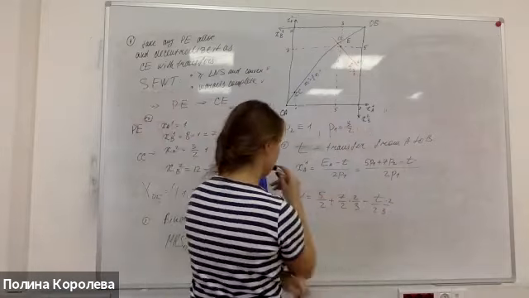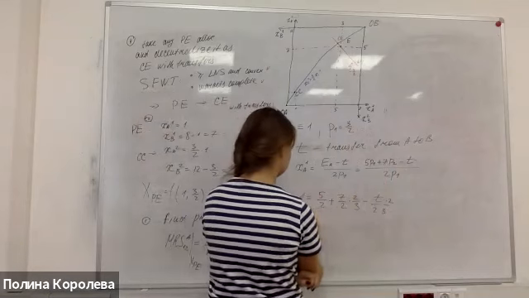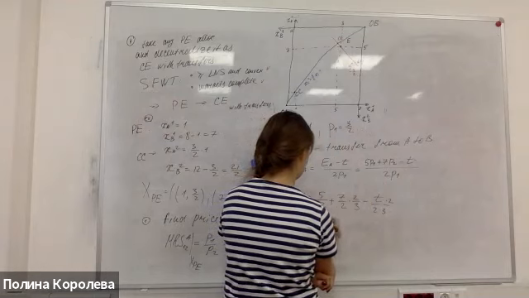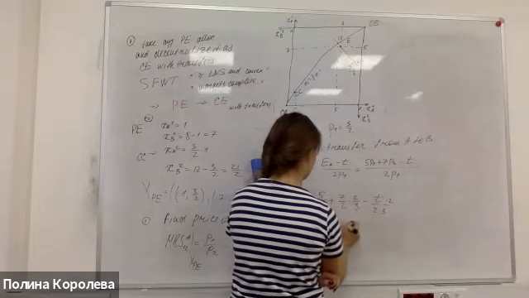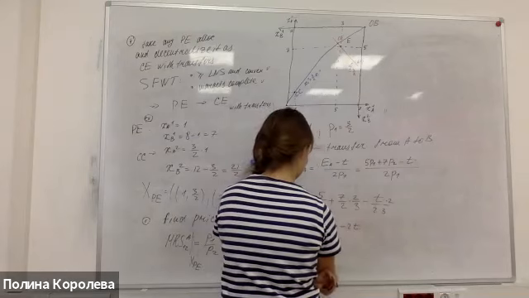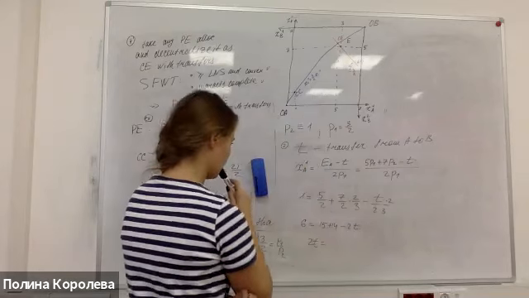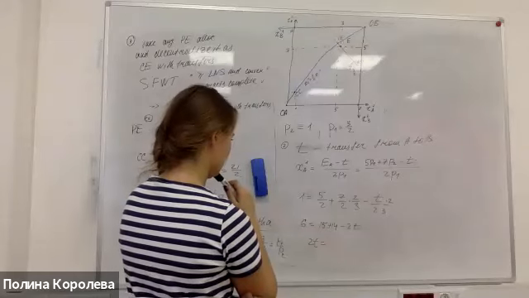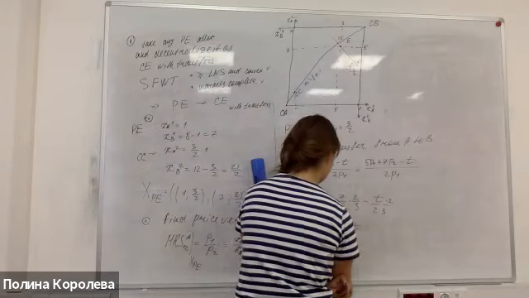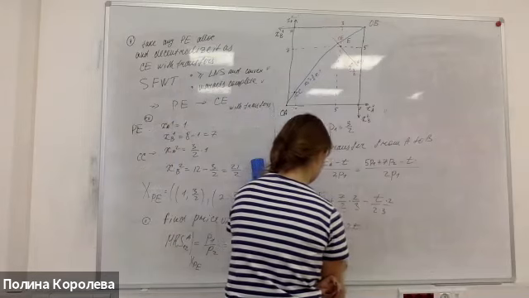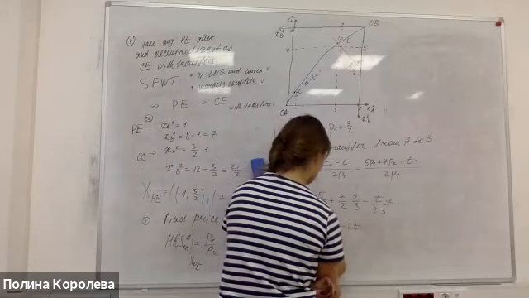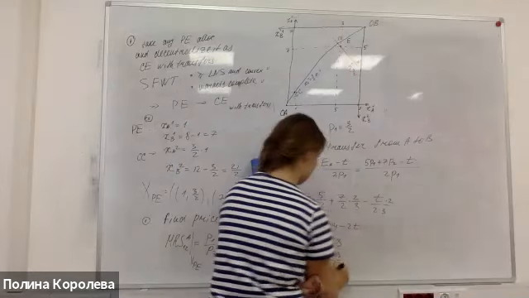Let's do it. 6 everywhere. So 6 equals to 15 plus 14 minus 2T. 2T is equal to 29 minus 6, 23. So transfer is equal to 23 divided by 2. So we'll check.